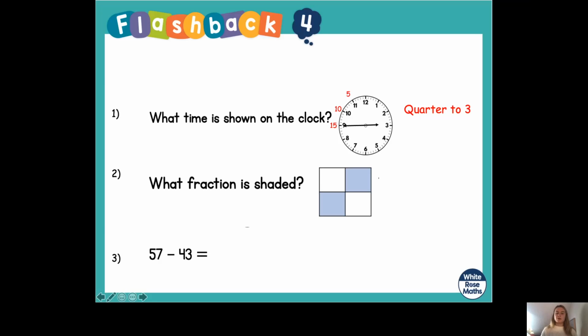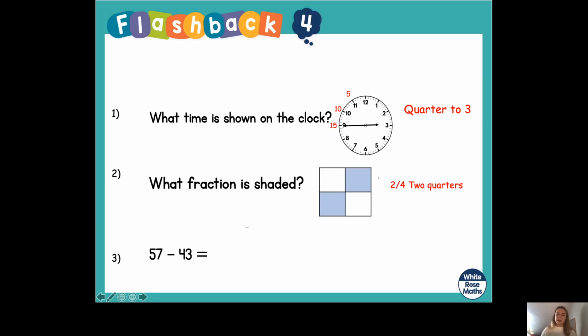Okay, number 2, what fraction is shaded? Now, first of all, let's have a look at how many parts the shape has been split into. So we can see that the shape has been split into 4 equal parts, 4 equal sections. So therefore, our denominator is going to be 4, isn't it? It's been split into quarters. But how many of these quarters have been shaded in? Well, we can see that there are 2 quarters shaded in.